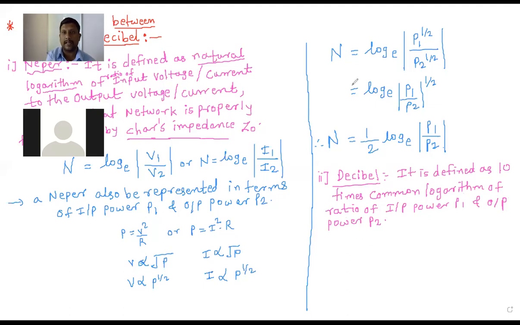In terms of an equation, the decibel is denoted by D. D is equal to 10 into log base 10 of the ratio P1 divided by P2.